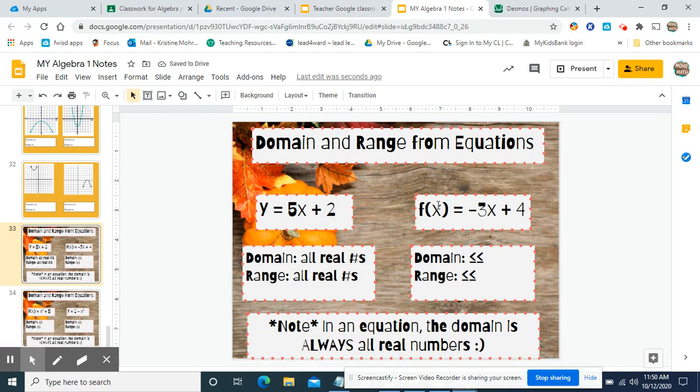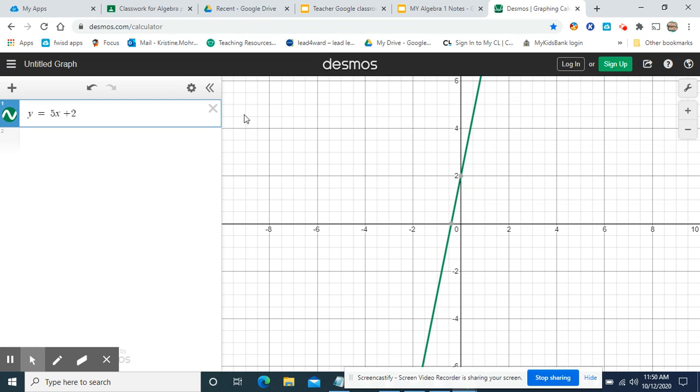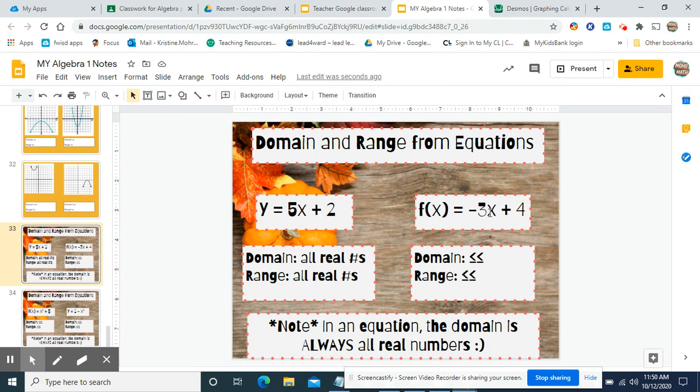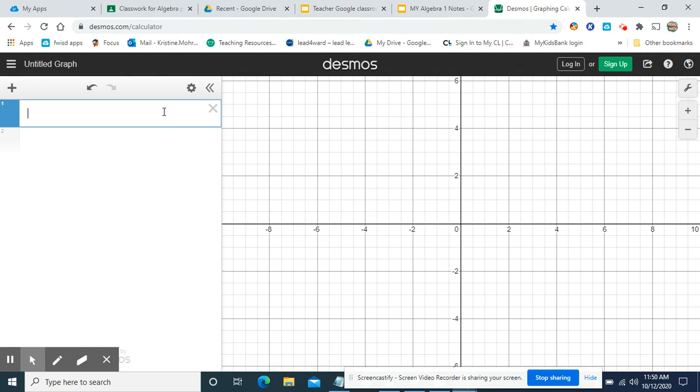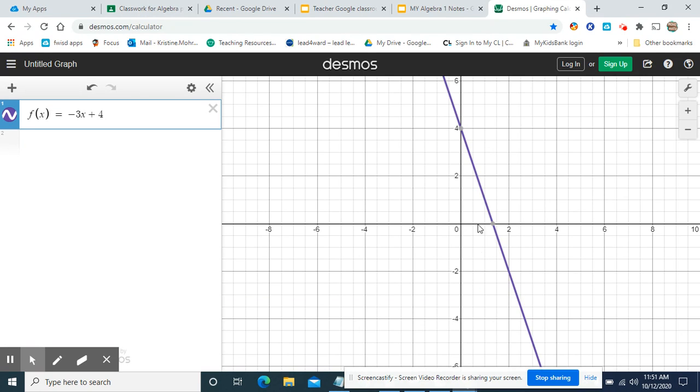So here we have another equation, f of x equals negative 3x plus 4. To reset it, I'm going to hit the home, clear this equation. F of x equals negative 3x plus 4. So here we have a negative slope for a line, but still linear.